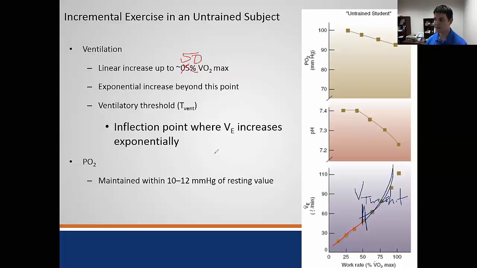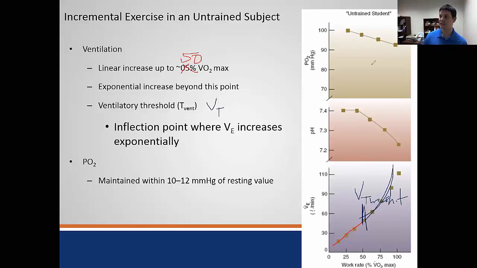Obviously, we can't use VT because VT is already taken by tidal volume. So this is the inflection point where we go from a linear increase, matching work rate with ventilation, to an exponential increase where we essentially start to huff and puff, right? As you work harder, your rate of ventilation is exceeding your linear increase in work rate, and so we start to breathe much, much heavier.